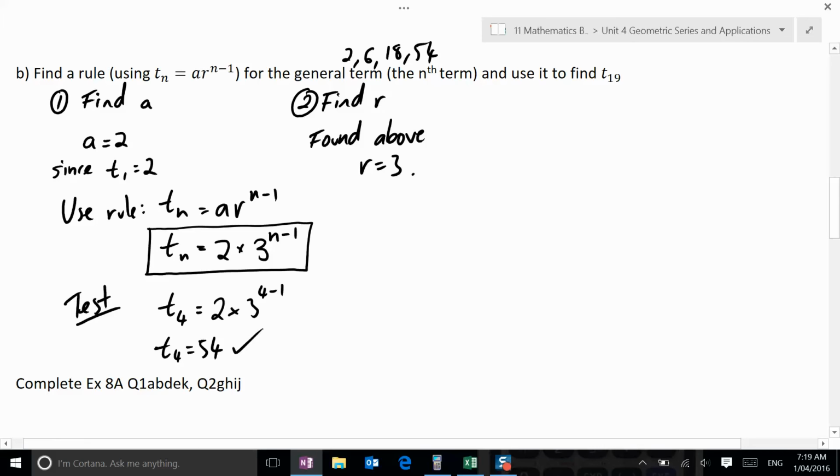It asks me to find T19, so I don't need to write 19 terms out. T19 will be found just by substituting 19 in here.